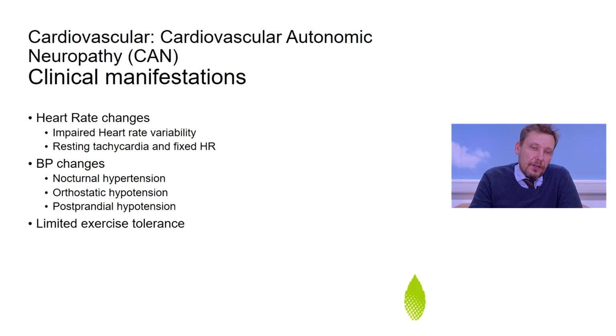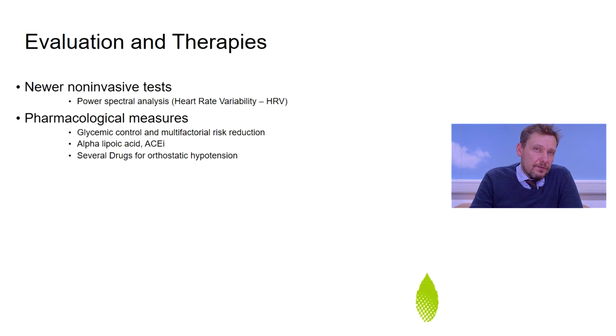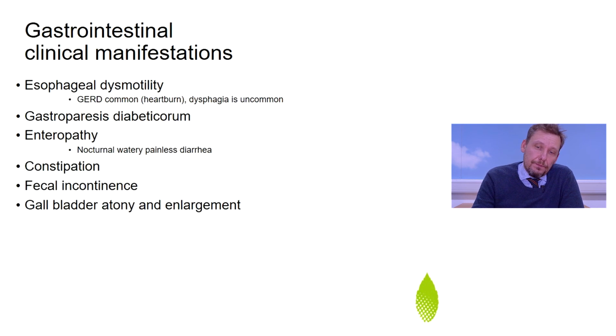So let's turn briefly to the cardiovascular autonomic dysfunction, or CAN. It tends to be associated with impaired heart rate variability, resting tachycardia, but also from a clinical and functional perspective, can be associated with quite significant orthostatic hypotension and also postprandial hypotension if it's associated with some splanchnic nerve issues.